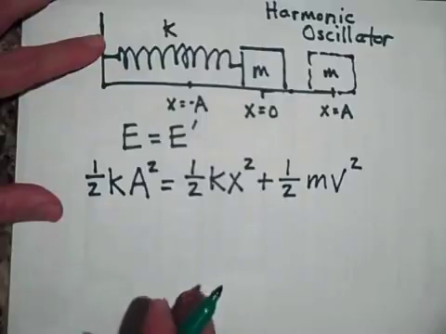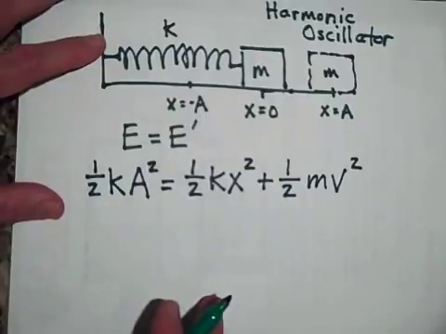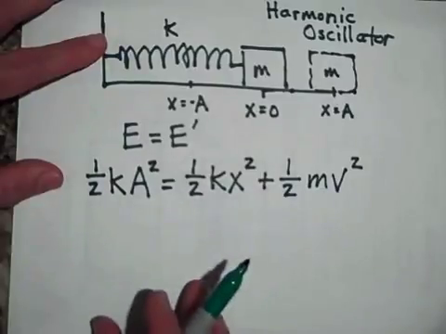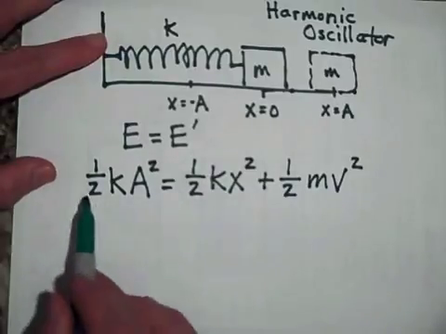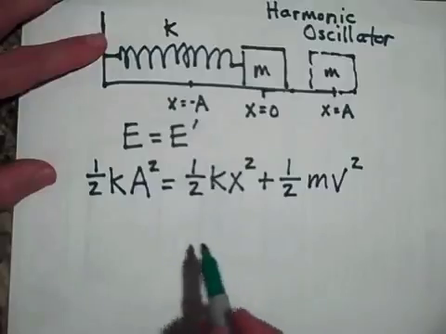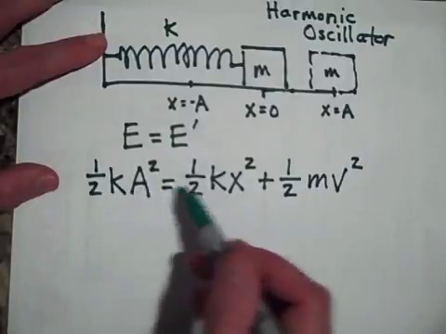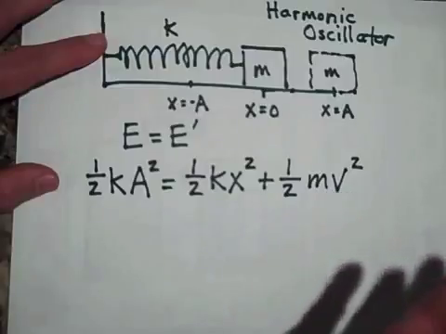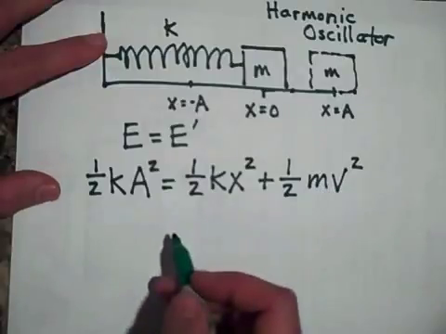Okay, so that's the sentence that describes the energy conservation of a harmonic oscillator. Since there's a half in each term, we can multiply each term by 2, and then maybe solve for v. Let's do that.